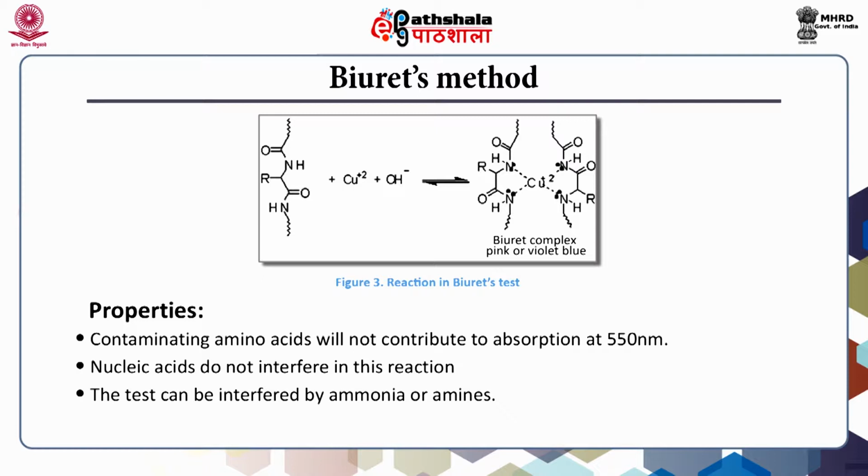Thus, false positive results can be obtained if ammonium sulfate salt or tris hydroxymethylaminomethane salts are present in the sample. Another issue with this method is that it requires a high concentration of protein, in the range of 5 to 160 mg per milliliter.